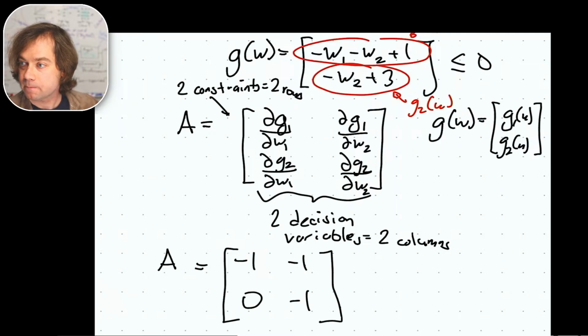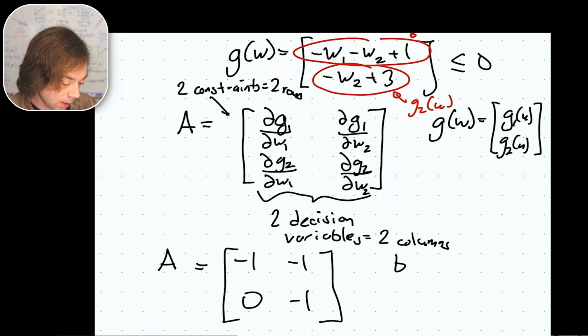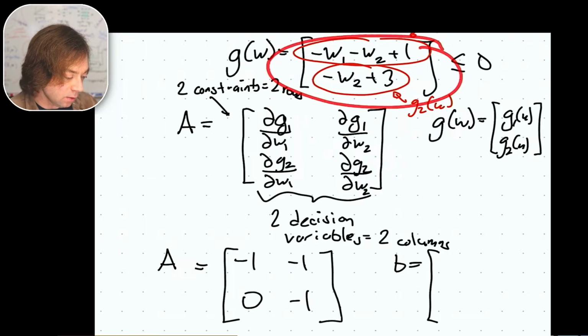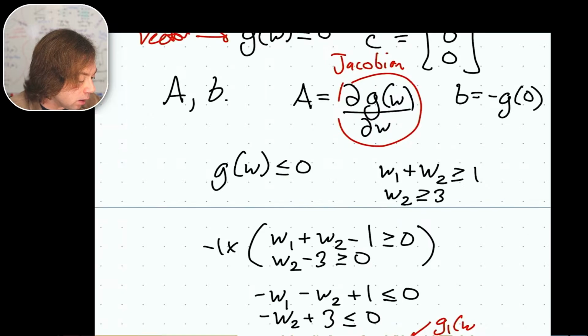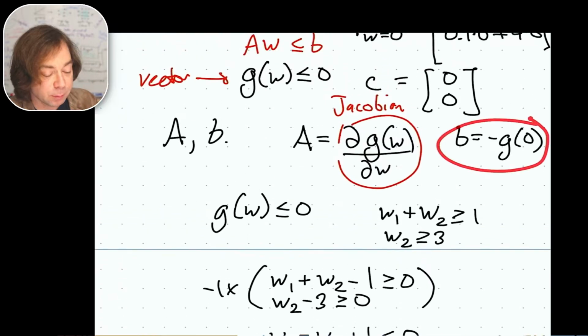That's nifty, right? Okay. And B is just our G of W negative, but we plug in zeros for your decision variables.